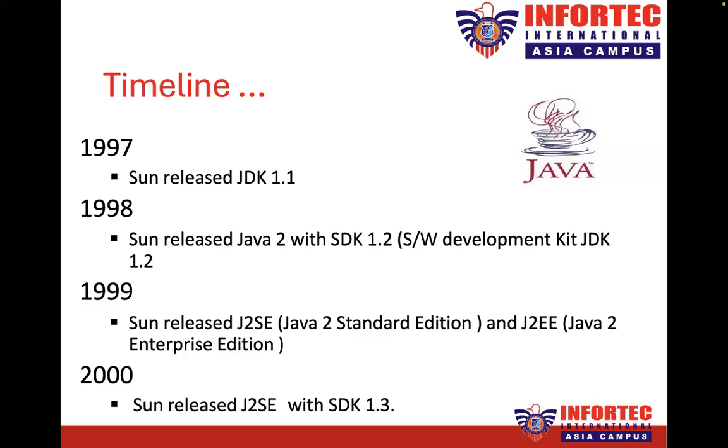Like with iPhones, now we have iPhone 17, but in those days we had old versions. They do continuous experiments and introduce new features with new versions. Here also Sun Microsystems did the same thing. They experimented and introduced new things with the JDK environment.